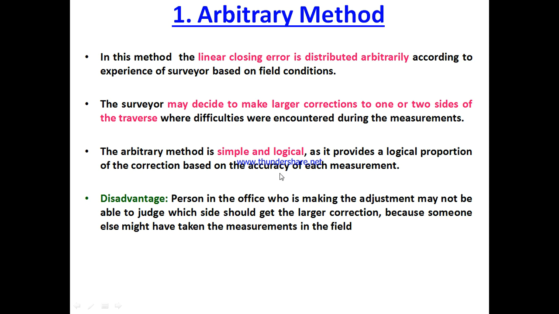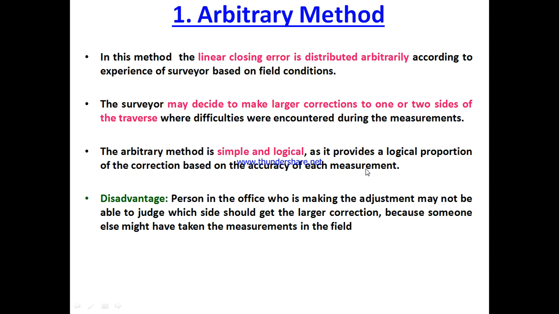Now this arbitrary method is very simple and logical for a small ongoing project, as it provides a logical proportion to the correction on the basis of the accuracy of each measurement.